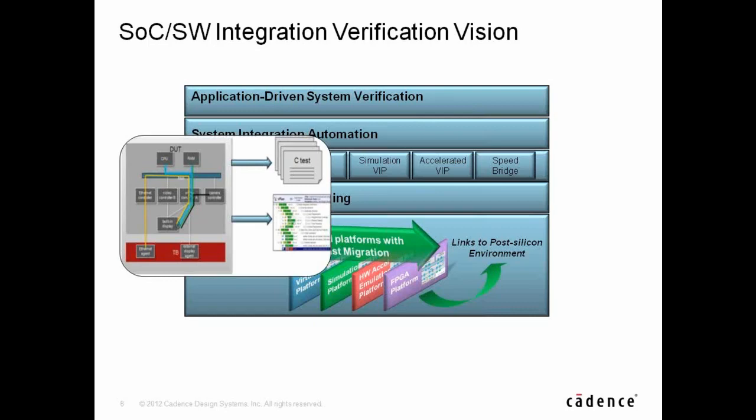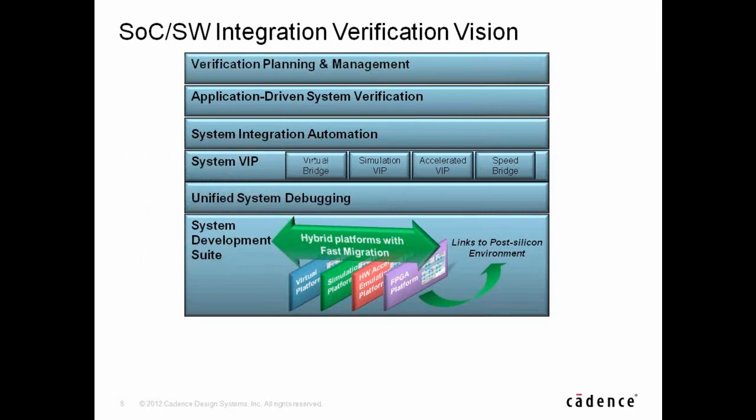And then finally, as Harry started the session this morning, overarching all of this, you need metrics, right? vManager, I think we launched it in about 2004, and we've been extending it ever since to support metrics from functional coverage, code coverage, assertions.